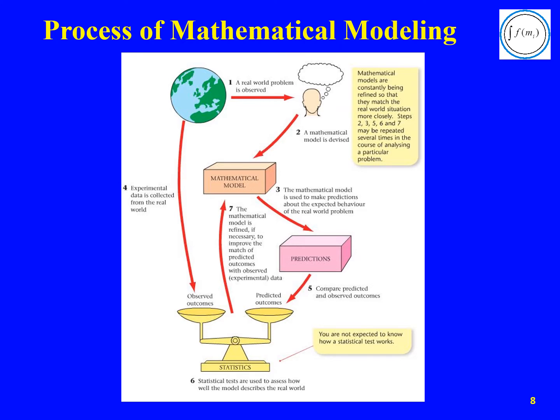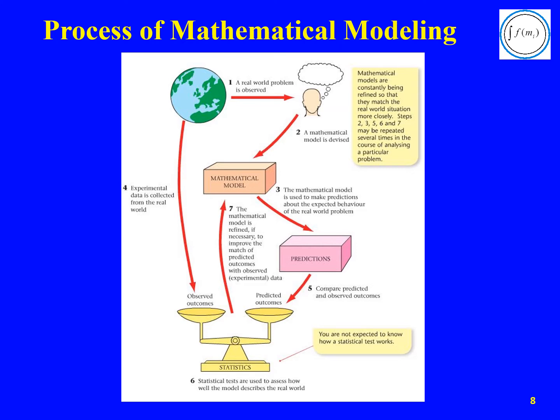A real world problem is observed, identified, and after that a mathematical model is devised. You have to select the mathematical model which is suitable to address the real world problem.